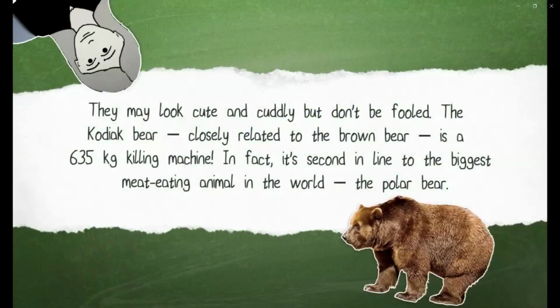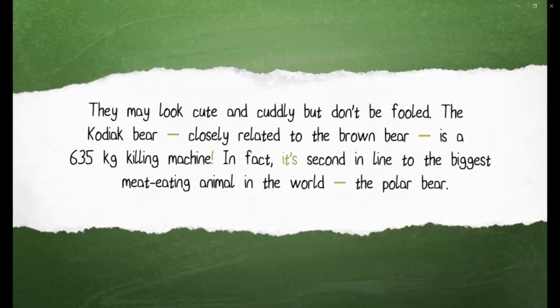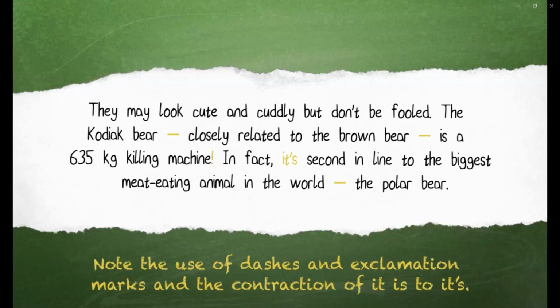They may look cute and cuddly, but don't be fooled. The Kodiak bear, closely related to the brown bear, is a 635 kilogram killing machine. In fact, it's second in line to the biggest meat-eating animal in the world, the polar bear. Note the use of dashes and exclamation marks, and the contraction of it is to it's.